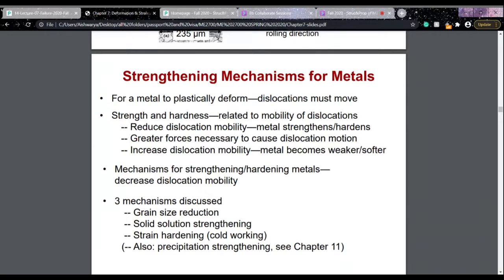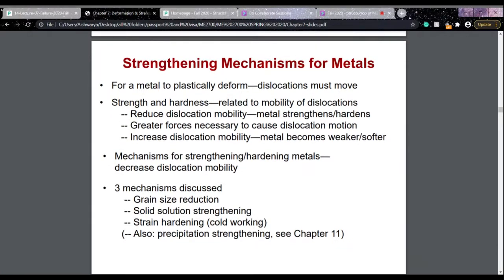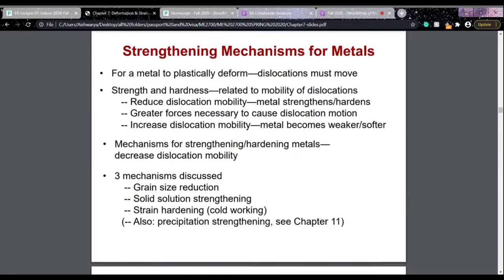If you want to strengthen a material, you increase the number of dislocations in the material, or make the movement of the dislocations difficult, so that the slip does not occur easily, and it takes more stress for the material to undergo deformation. So this is the main criterion for the strengthening of metals.